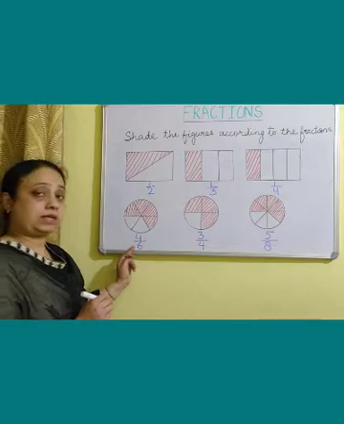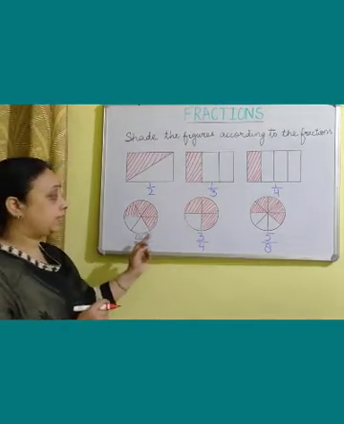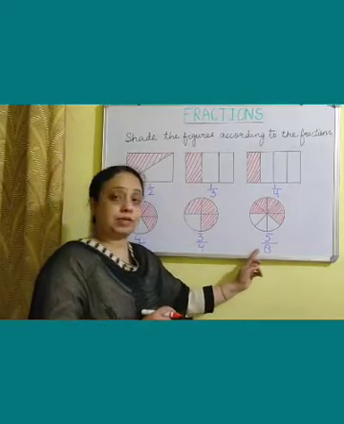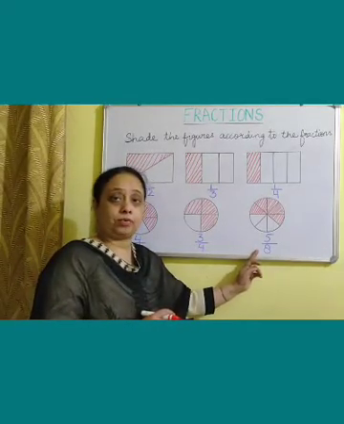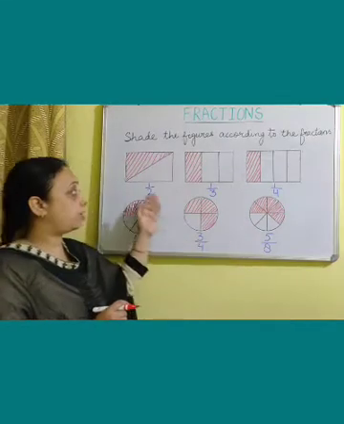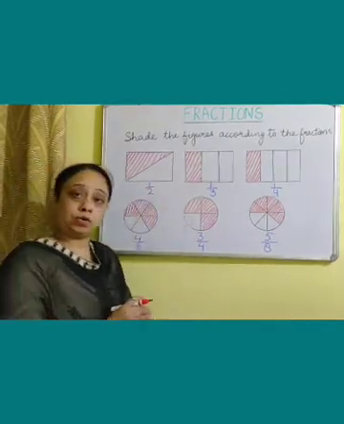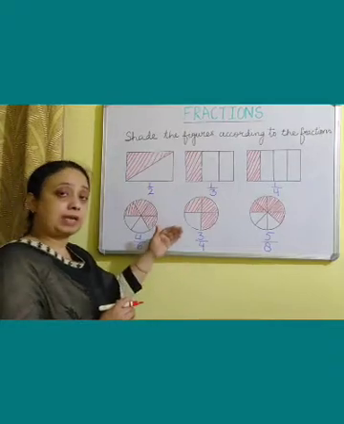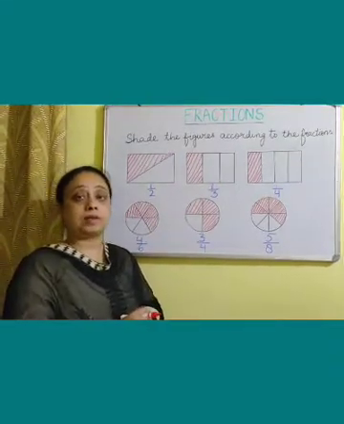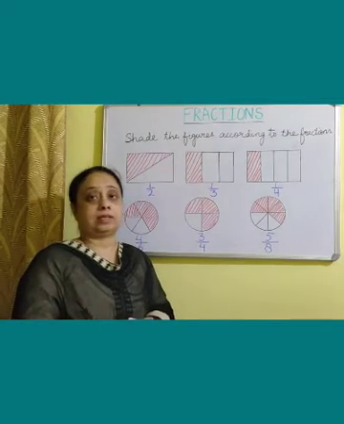Here the figure is divided into 6 equal parts. Here the figure is divided into 4 equal parts. And here the figure is divided into 8 equal parts. So the number below the line shows the number of parts the figure is divided into, and the number above the line tells you how many parts you have chosen or how many parts you have to shade.